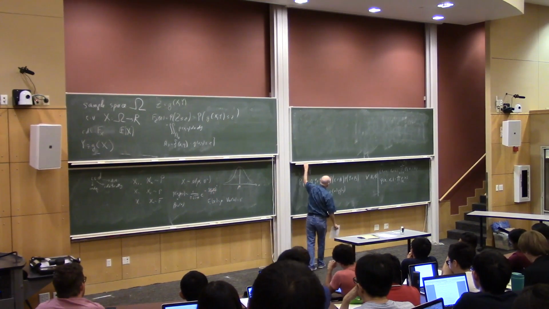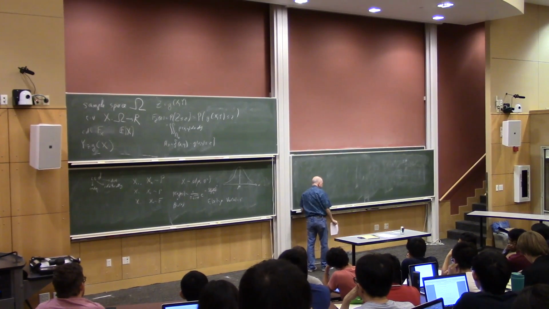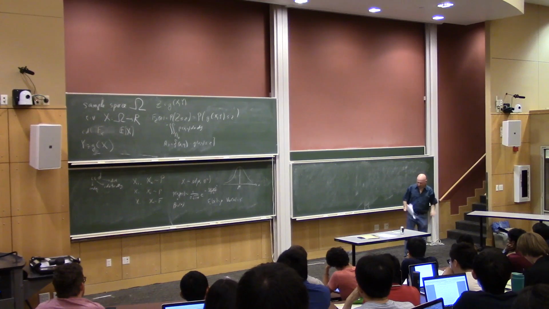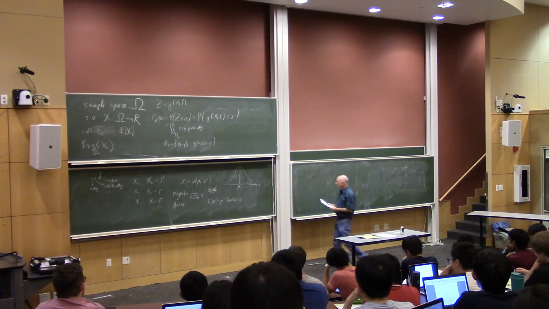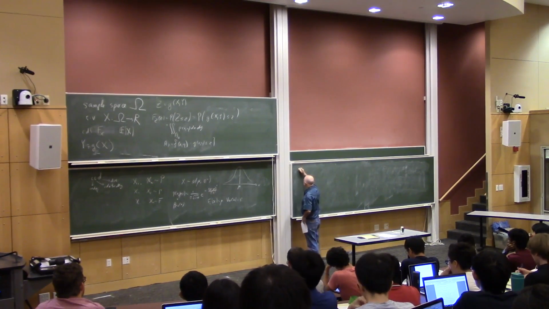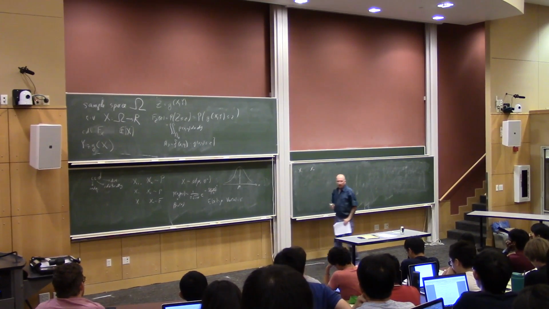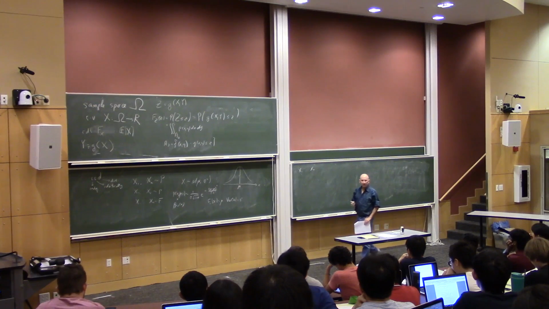Another important distribution is the multivariate normal, which some of you will have seen, some of you may not have seen. So let me just say what that is. For the multivariate normal, we're actually no longer dealing with random variables. These are actually random vectors.